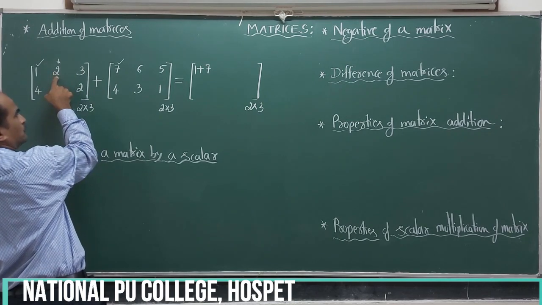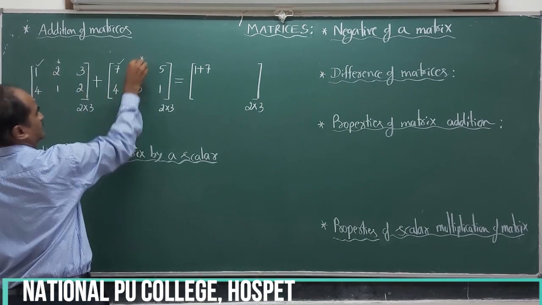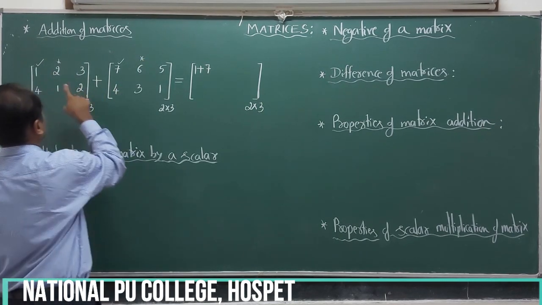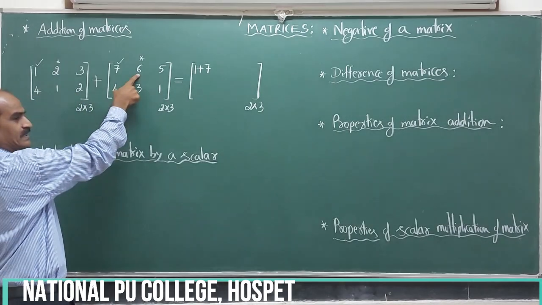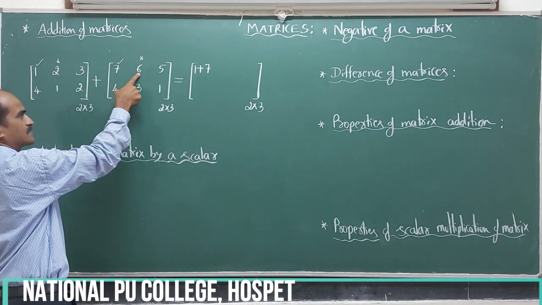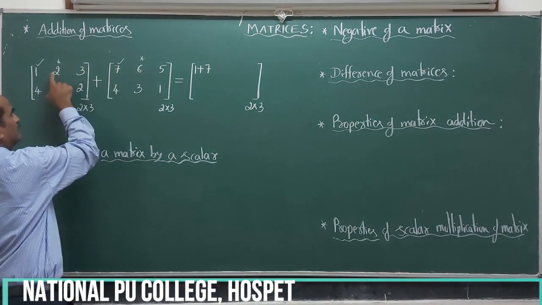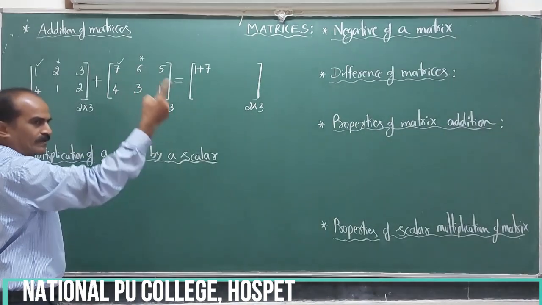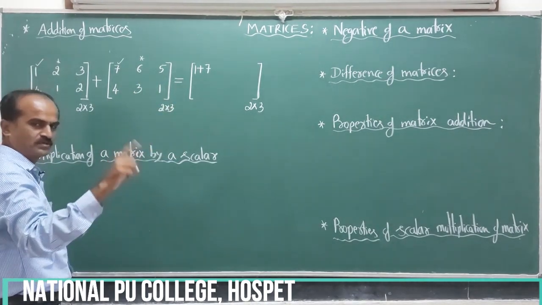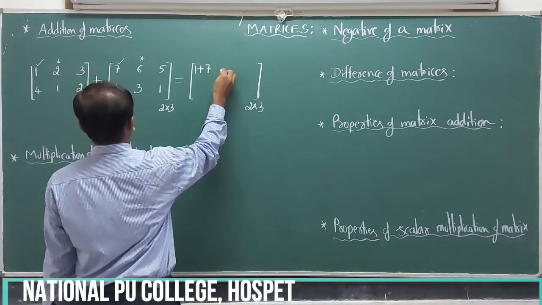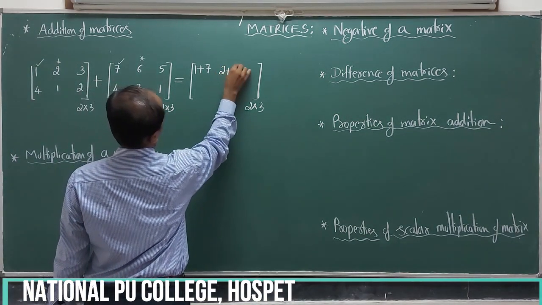Next, 2, 6 are corresponding elements. This is an element of first row, second column. This is element of second matrix present in first row, second column. We are adding the corresponding elements. Where to write? In the same position. In the resulting matrix, first row, second column position I have to write. It is 2 plus 6.